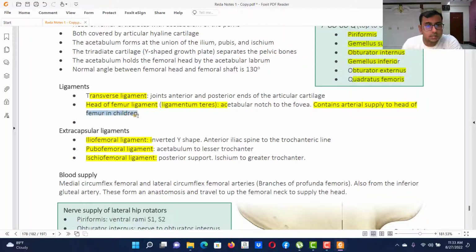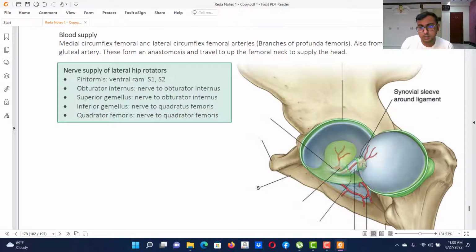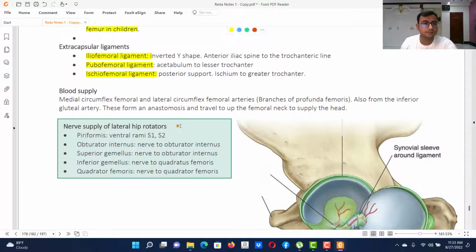It contains the artery supplying the head of the femur in childhood, because in later age this artery is obsolete. The ligamentum teres attaches the head of the femur to the acetabular notch.